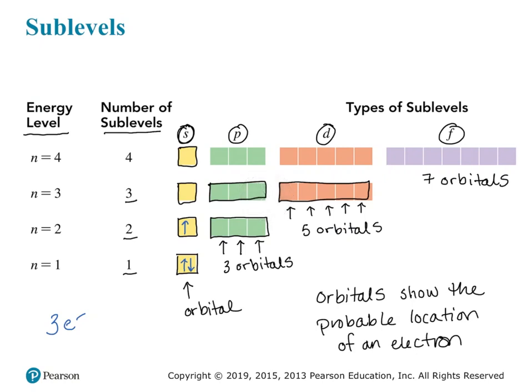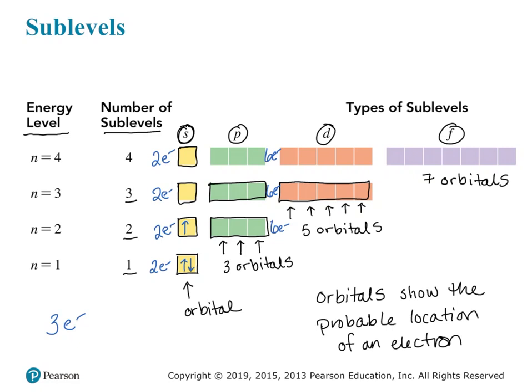Okay, so we can see that our s orbitals can each hold 2 electrons maximum. And then our p orbitals, we have 3 of them. And if each box can have 2 electrons, that means that p orbitals can have a total of 6 electrons maximum.